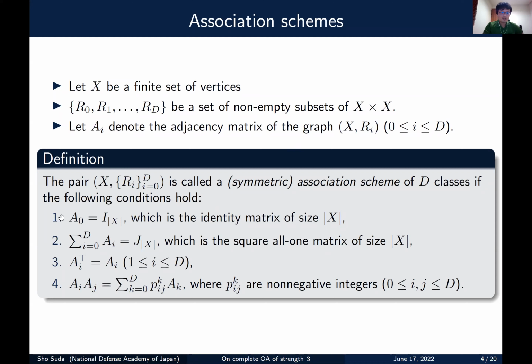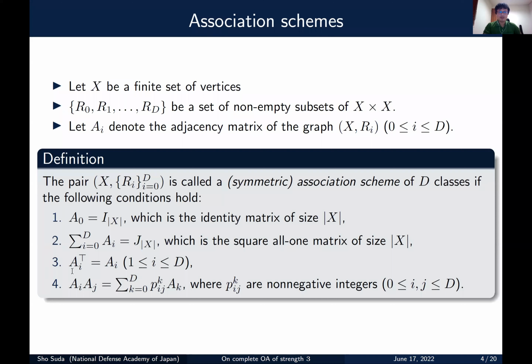The first condition is that A_0 is the identity matrix, and the second condition is that the summation of all the adjacency matrices is equal to the all-ones matrix, denoted by J. The third condition is about symmetry.